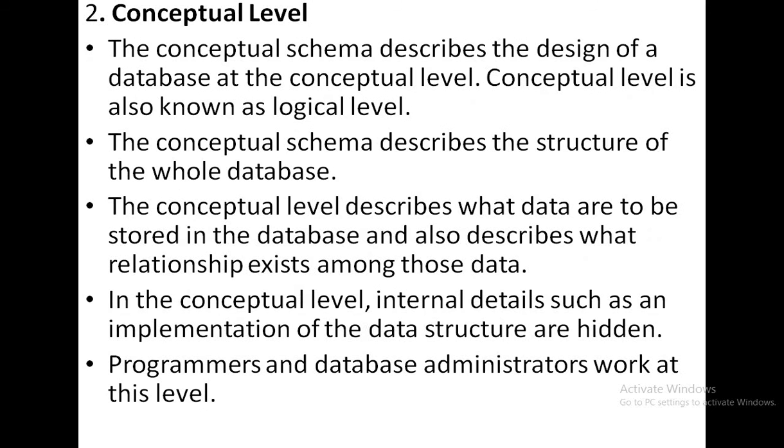The view level is for users, and the conceptual level is directly related with your internal data and the different types of relationships of data stored inside the database systems. All of these are defined in the conceptual level. That means what concepts are used with the database is described in the conceptual level.